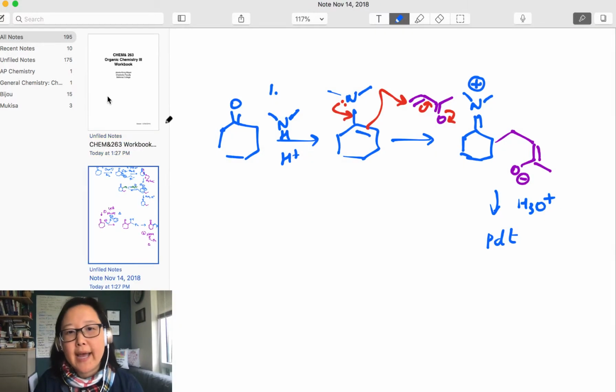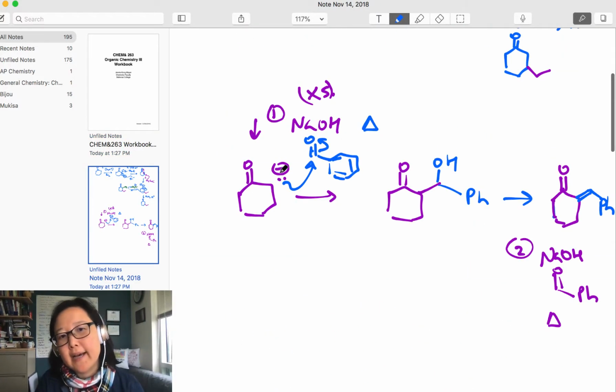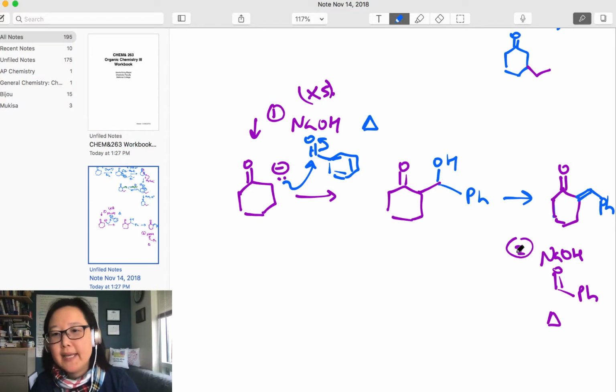So writing that one out, I get NaOH attacking benzaldehyde, makes this aldol product, which then, with condensation or heat, can lose water and make the alpha beta unsaturation. And then step 2, you could do that again, just to get it on the other side. Or perhaps you could use excess at the beginning, and then it might occur on both sites.